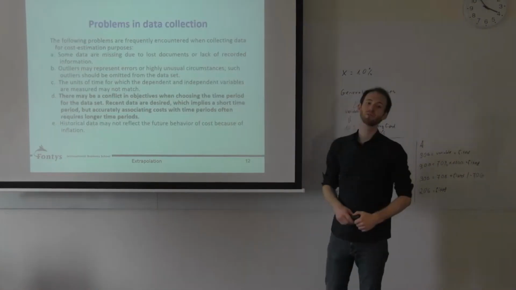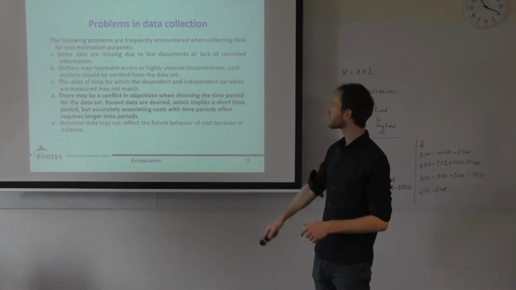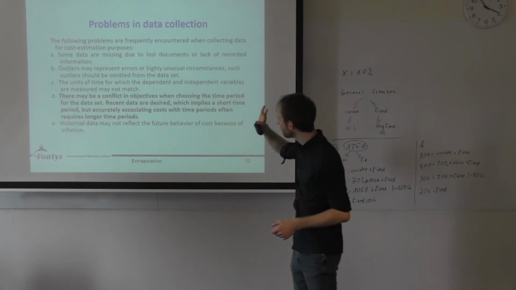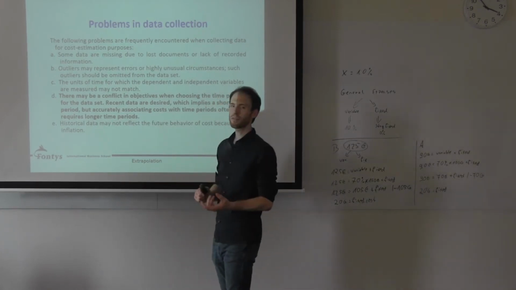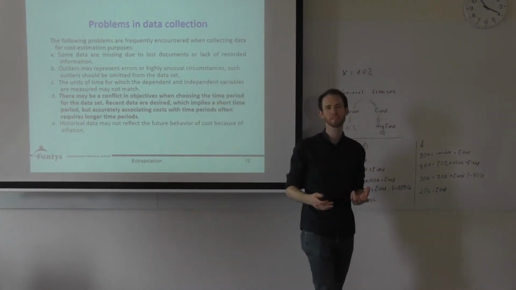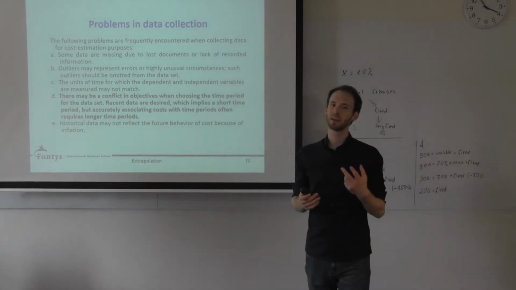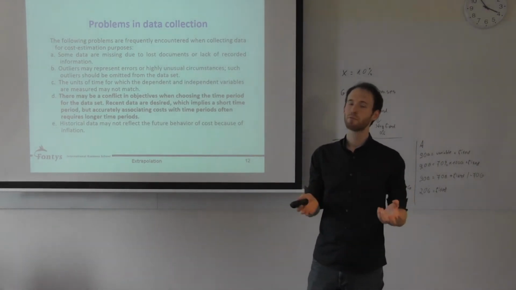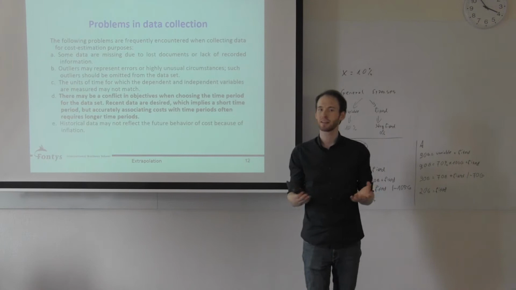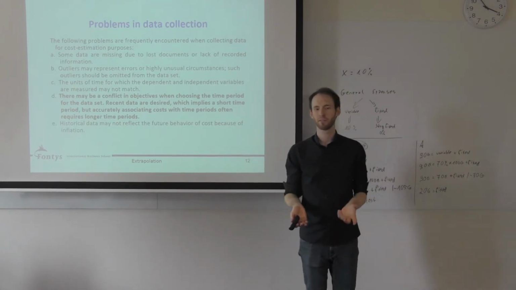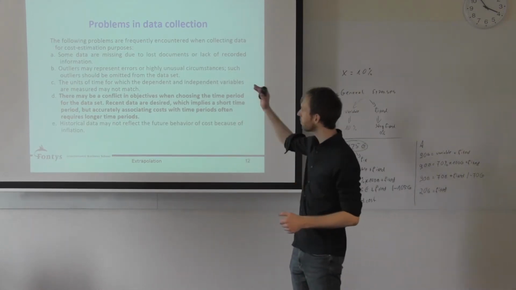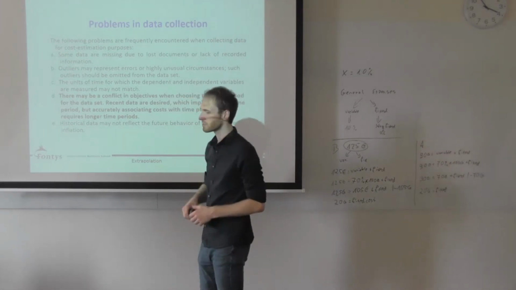All right, let's now come to some of the problems in data collection. Sometimes you do not have all the data available because some documents are missing, and this of course represents a big challenge if you want to perform an analysis like the high-low method or the linear regression. Then sometimes you have outliers.